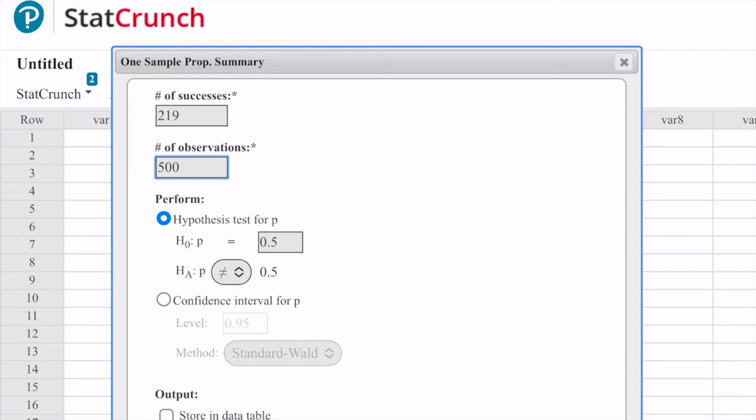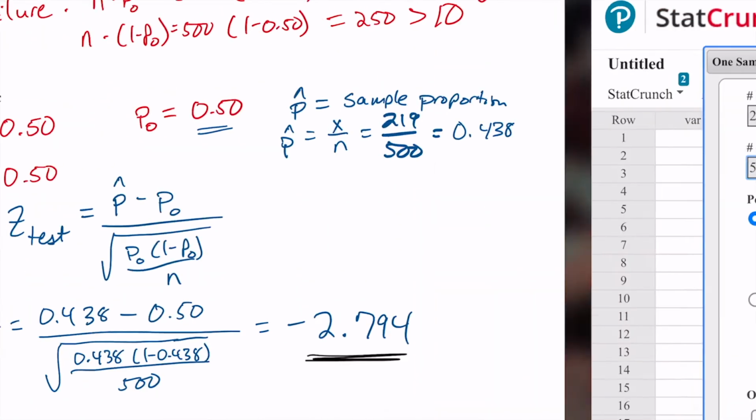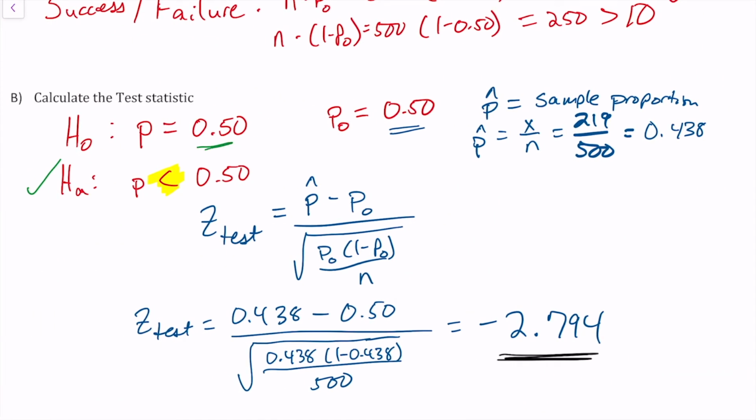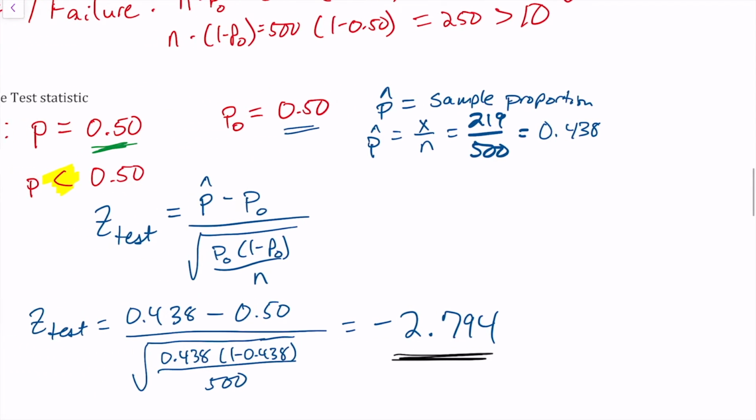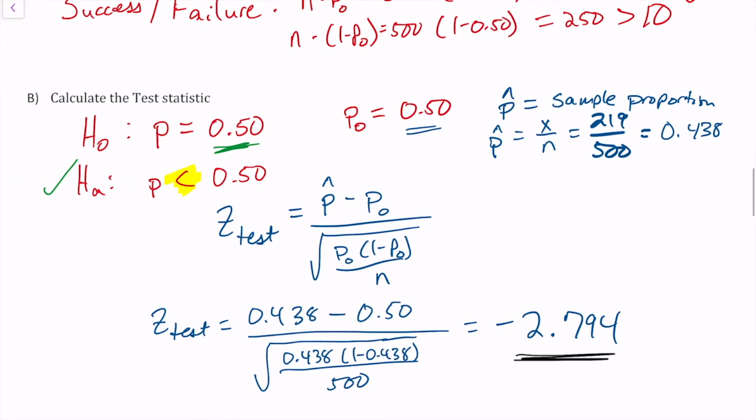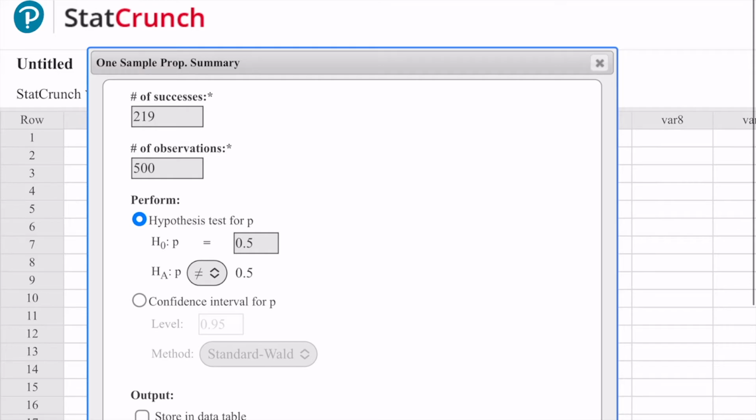Because we know that the null hypothesis is always equals to. Now we need to put in the hypothesized proportion. So we are testing if our hypothesis includes a value of 0.50. So that's why, if it's not already in there, we should type in a 0.50. Okay? So that's the null hypothesis.